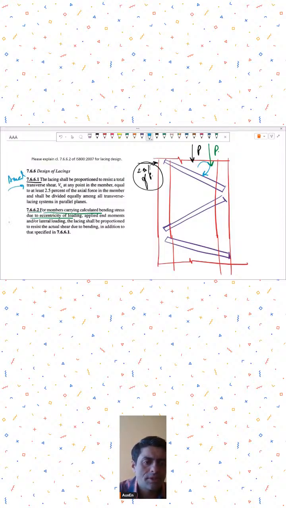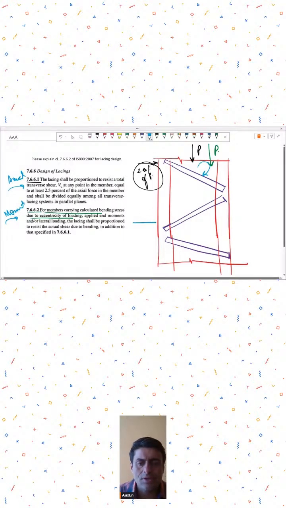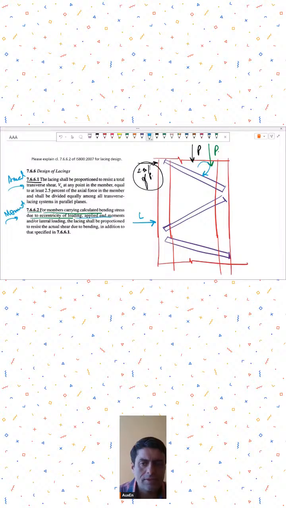Now it is subjected to some movements, or there is some actual lateral load, or applied end movements. So there can be movements due to eccentricity of axial load, or there can be actual end movement. So in that case, then this 2.5% is not valid. Then you have to design for the actual shear due to bending. Okay. So this is what they are trying to tell you over here.